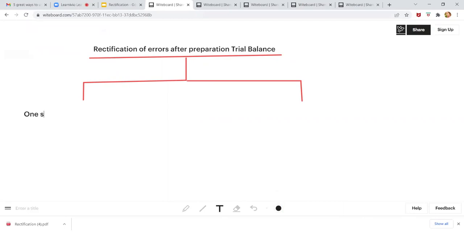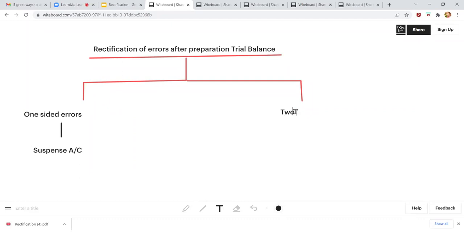In one-sided error, we can rectify this error with the help of suspense account. Yes, very good.